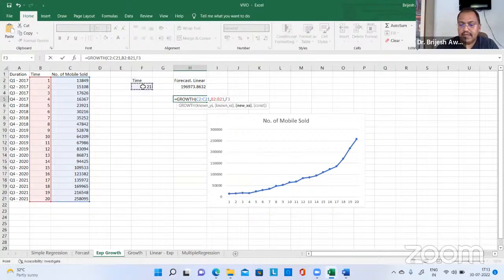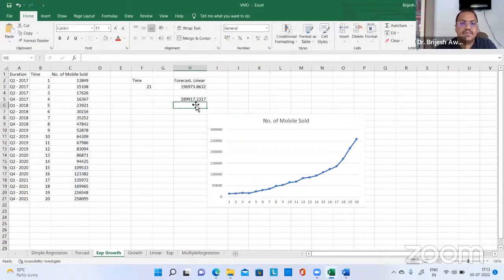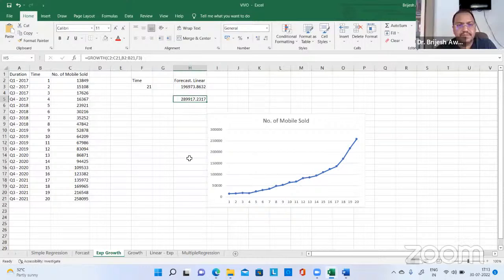Right. Just enter that. What is the expected value? 289917, approximately 2,90,000.